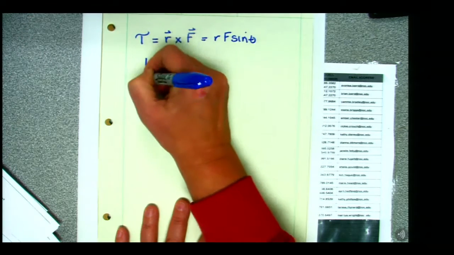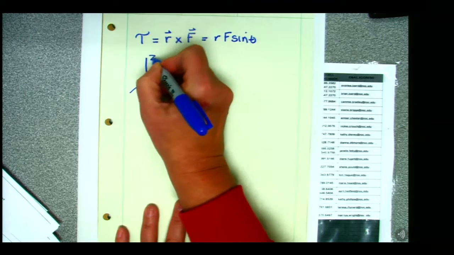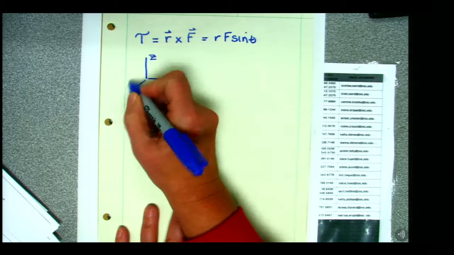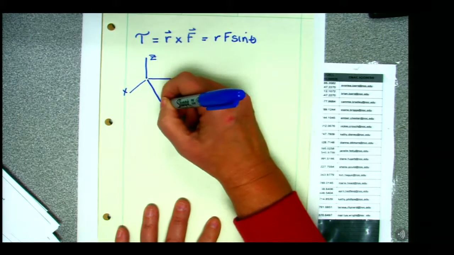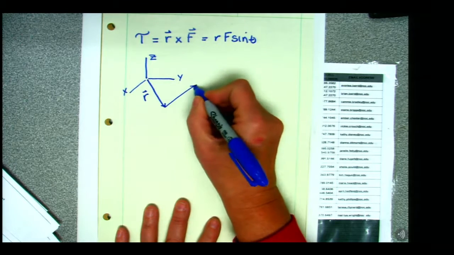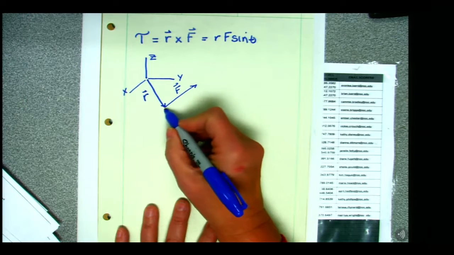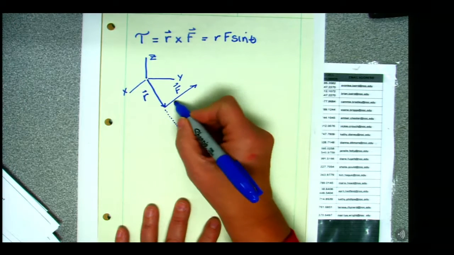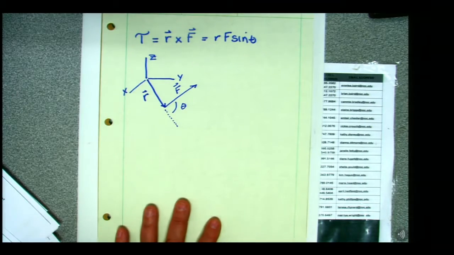If I have the z-axis, y-axis, and x-axis, and an R vector with a force applied to that vector, the angle is going to be right here.